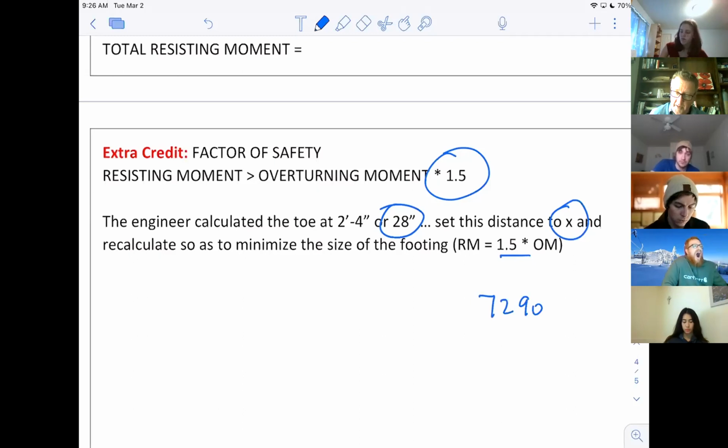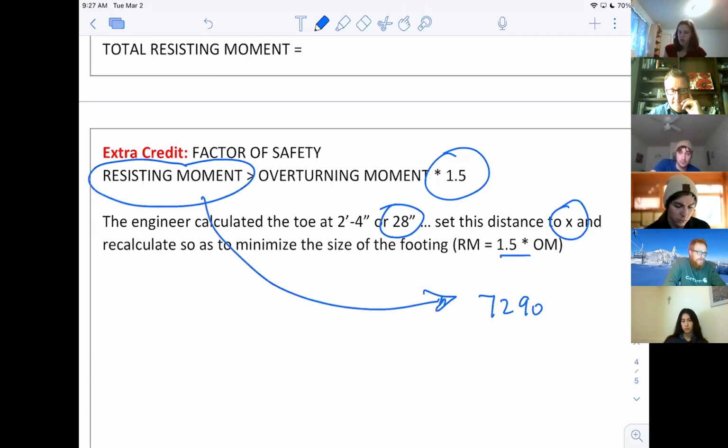So this would be a good answer for the resisting moment. Since the overturning moment is 4860, if I multiply it by 1.5, I get 7290. So that would be a good design. Make it safe, but not way over.